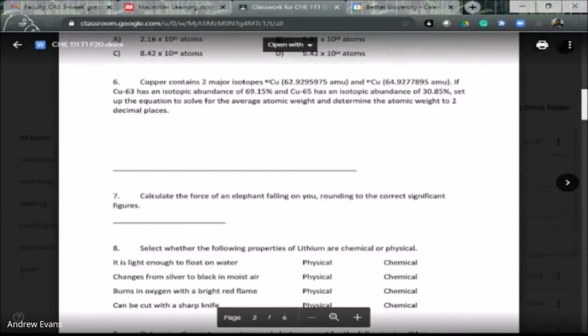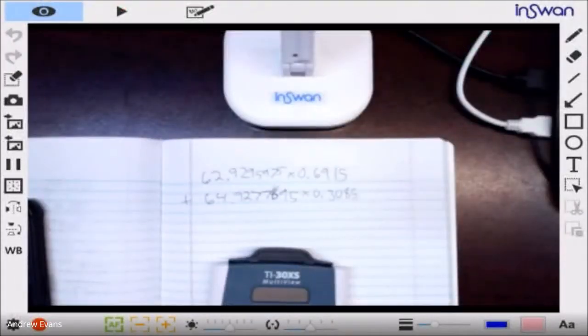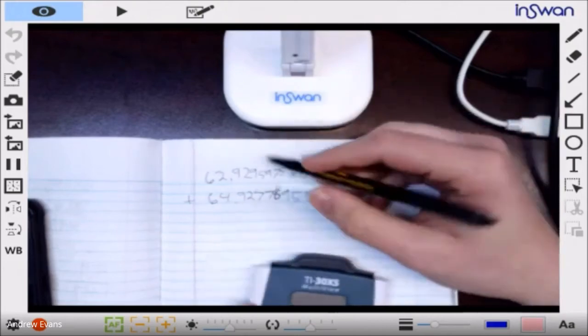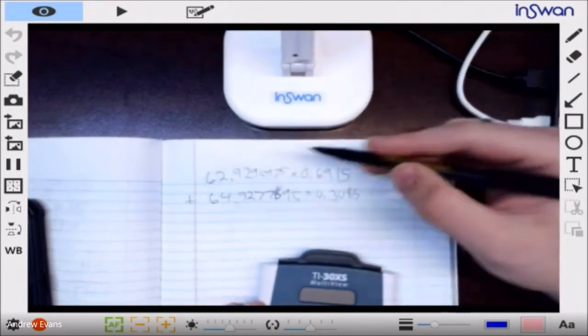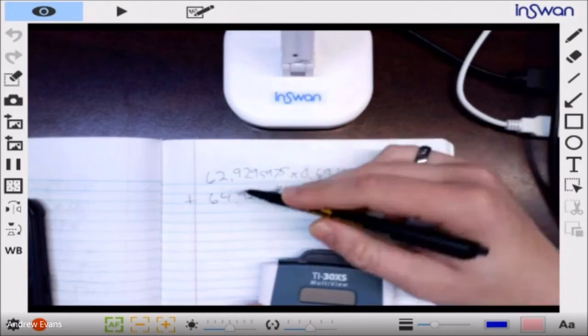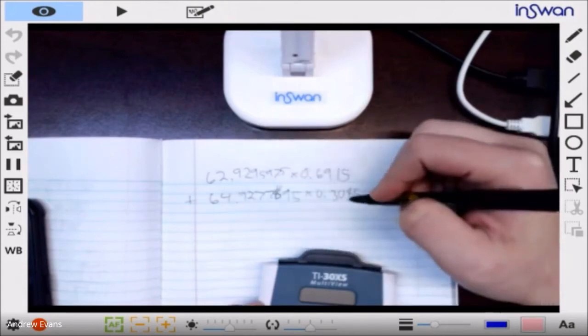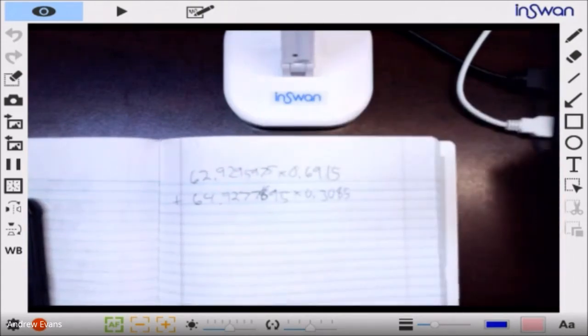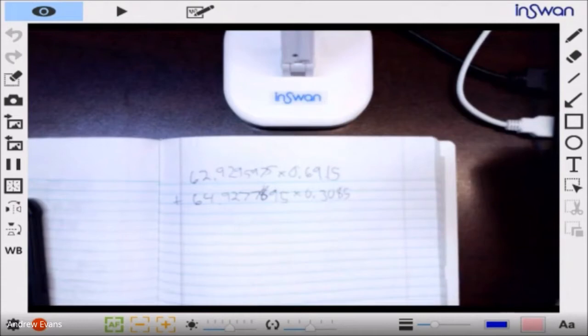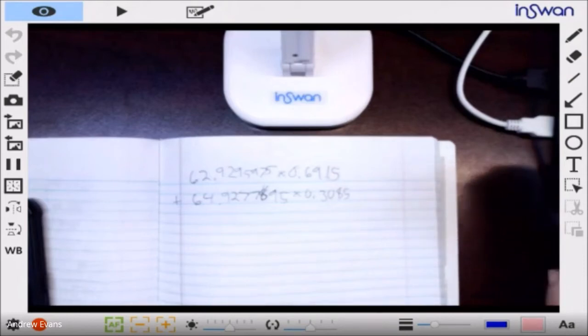Once again, there's a lot of going back and forth to the doc cam to show the work. So I'm simply taking mass times percent, mass times percent, and adding them up, and I need to do it to 2 decimal places. So don't think this is that hard.